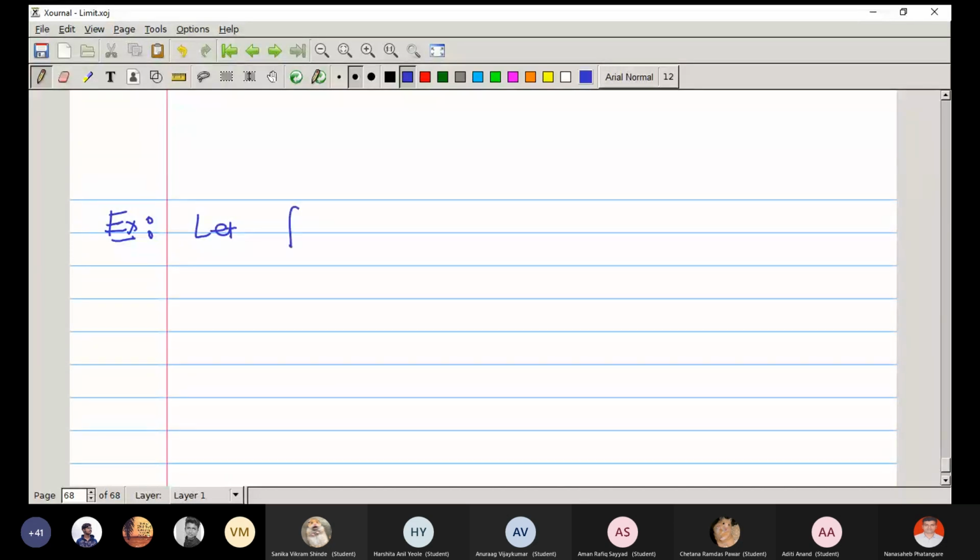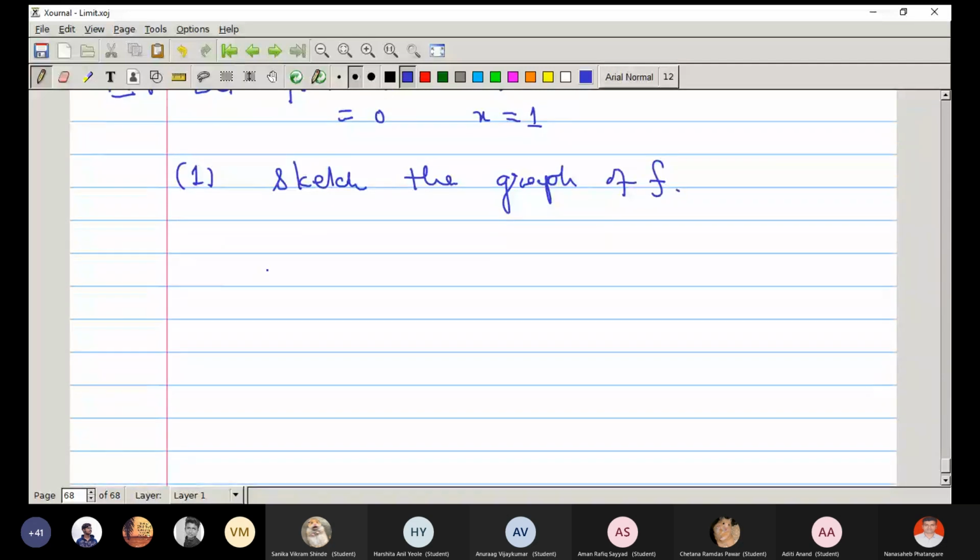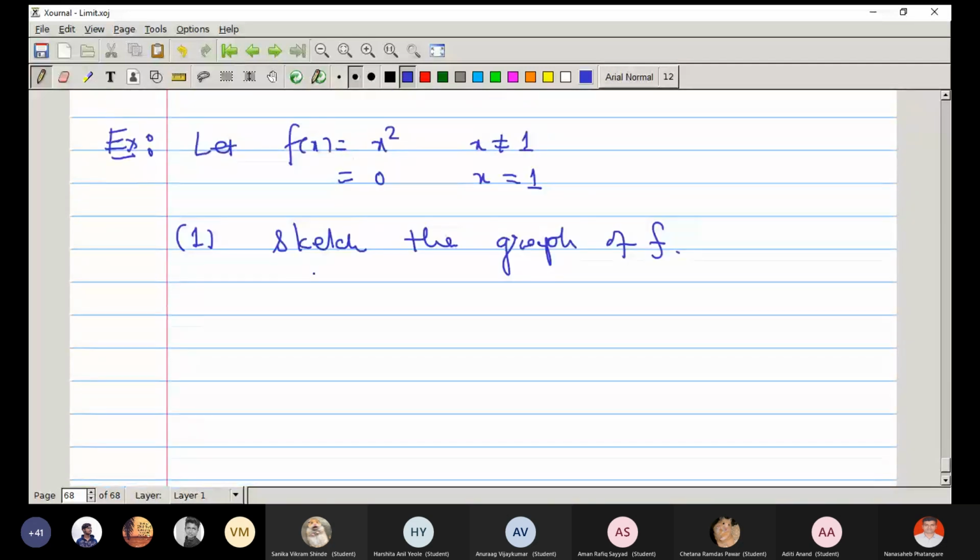Let f of x equal x square if x is not equal to 1, and 0 if x is equal to 1. My first question is: sketch the graph of f. What is the graph of this function?